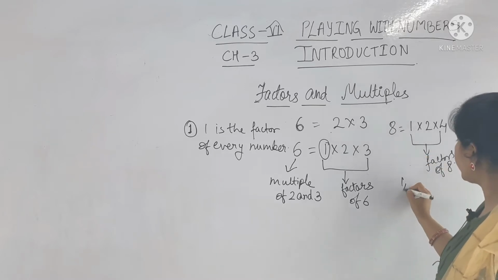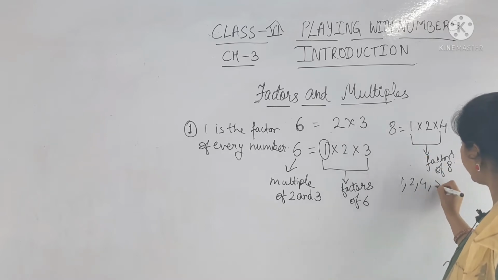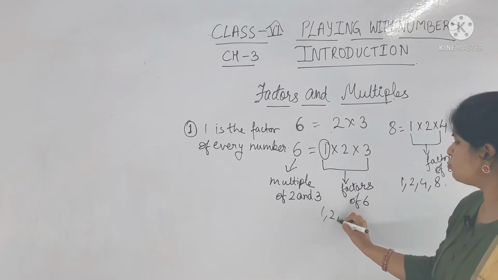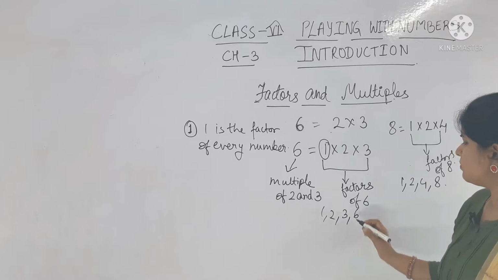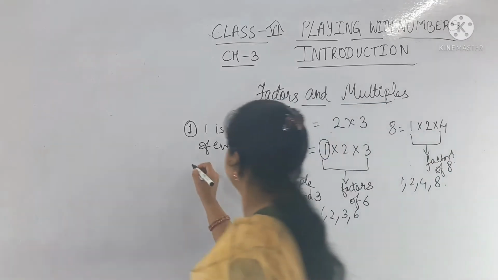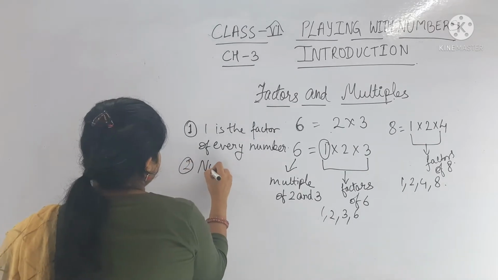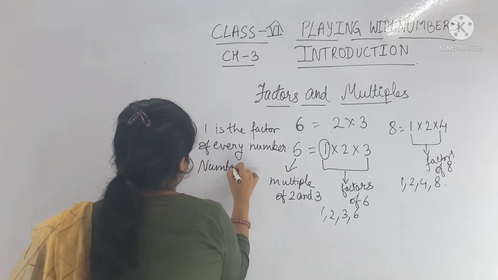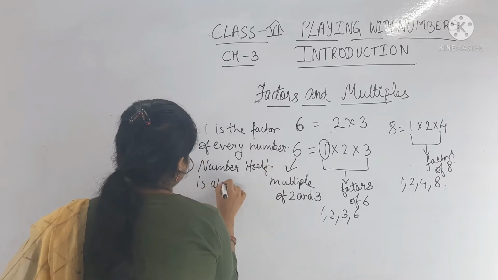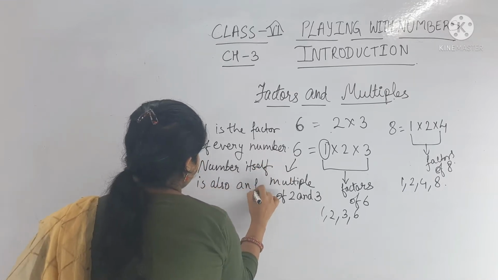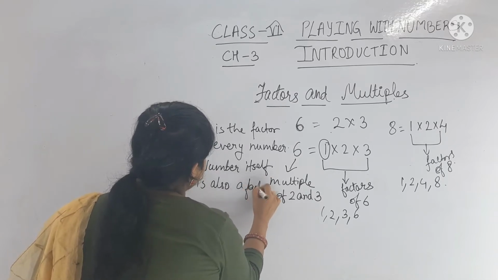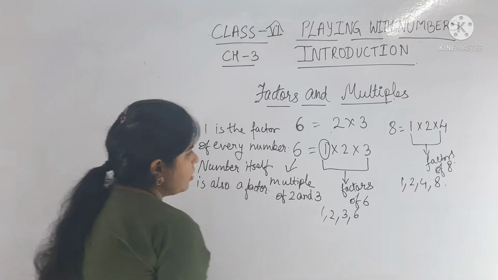So here you can write like this, 1 2 4 8 are the factors, okay. Here 1 2 3 6 means the number itself is also a factor. So the number itself is also a factor, okay.